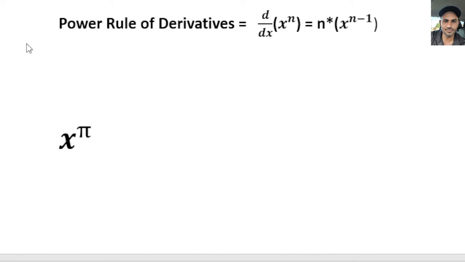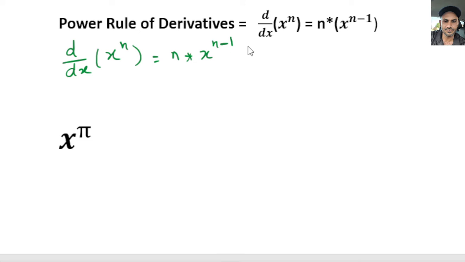So if we take the derivative of an expression where x is raised to some nth power, that is equal to this n, which is the power or the exponent, times x to the n minus 1. We subtract 1 from the exponent.